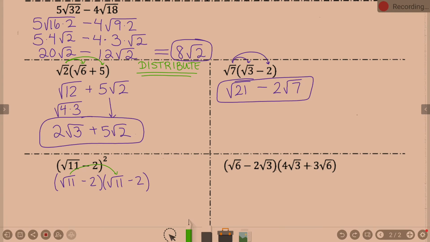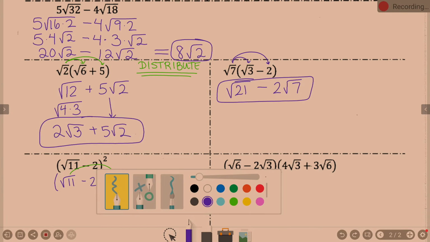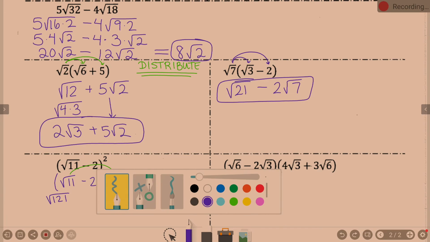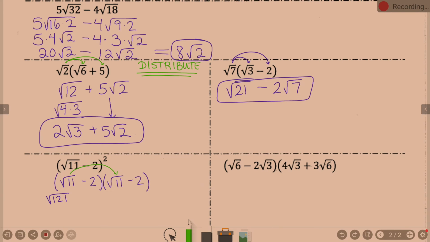So what is the square root of 11 times the square root of 11? Square root of, I think Jacob said it, 121. Okay. Then now I'm going to distribute the square root of 11, or I'm going to do outsides.